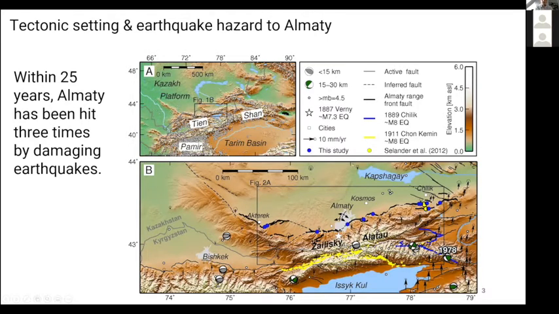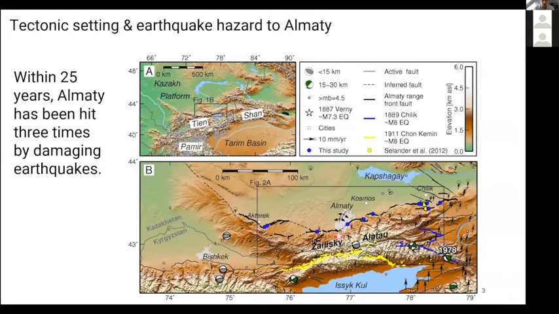It turned out actually that the city of Almaty has been destroyed 3 times by big earthquakes in the past. What you see here, this star, is the epicenter of an earthquake that happened in the year 1887. It's called the Verni earthquake because back then Almaty was called Verni. It had a magnitude of about 7.3.